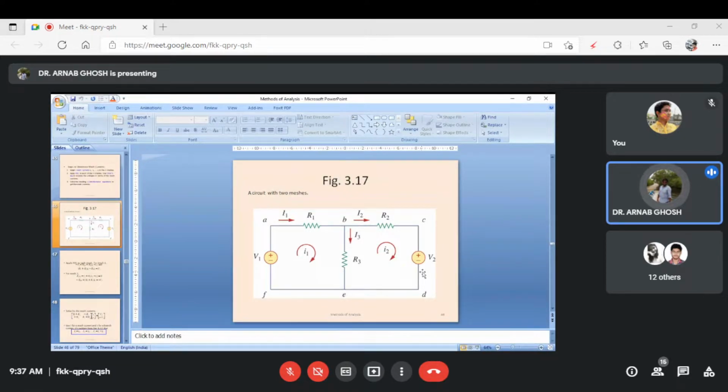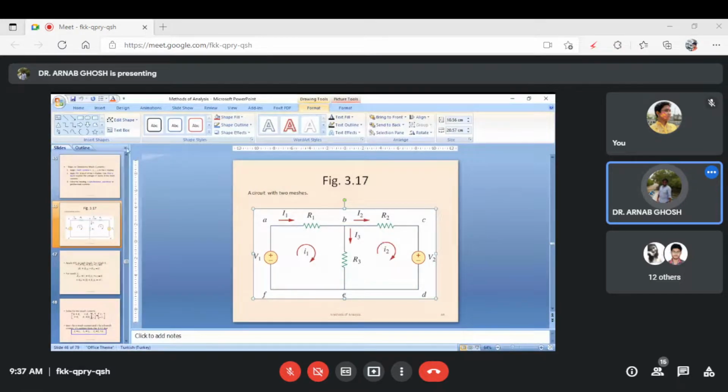So if you look at loop 1, this first loop, then forget about this capital I1, I2 and I3 for now.